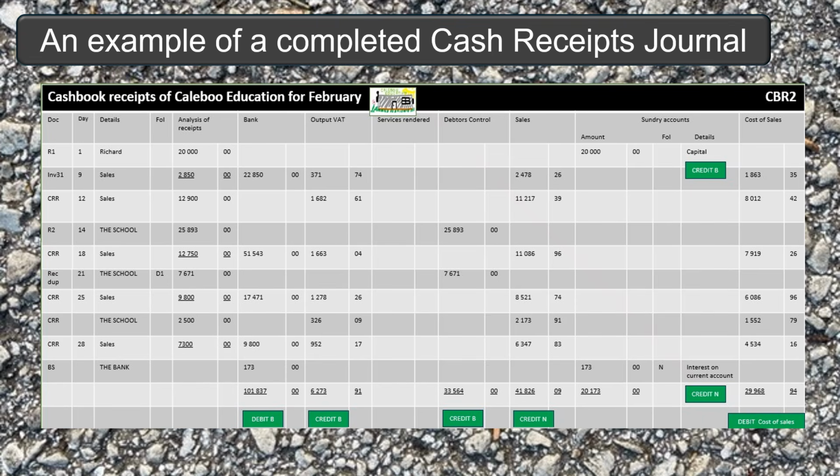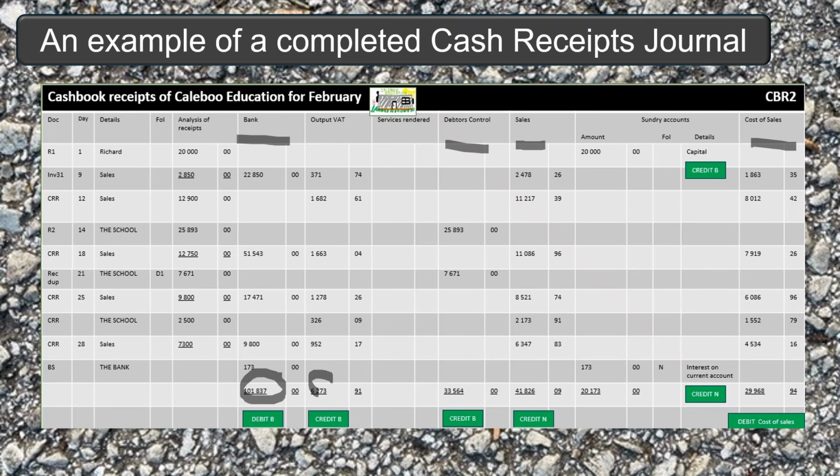Then I've just put in here an example of a completed cash receipts journal. You would have columns for bank items which occur quite often, debtors paid us, sales, there's a cost of sales column. We're not doing the journals, but you're going to have to record the transactions on the accounting cycle table, which I just did a few transactions on, but I'm just showing you what a completed cash receipts journal looks like.